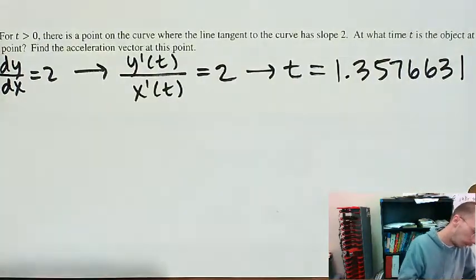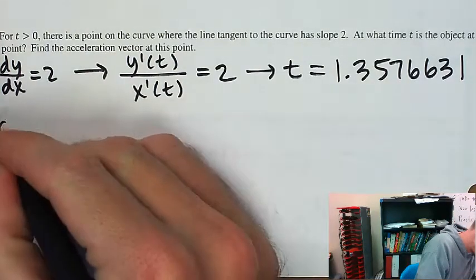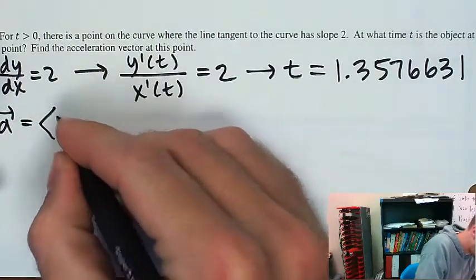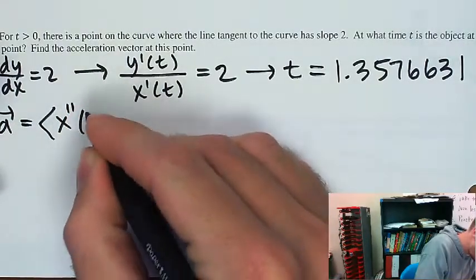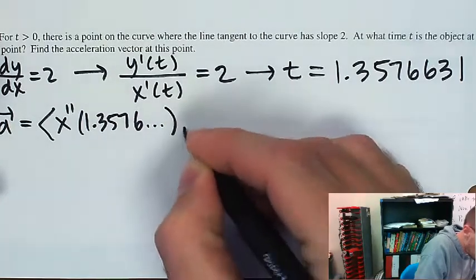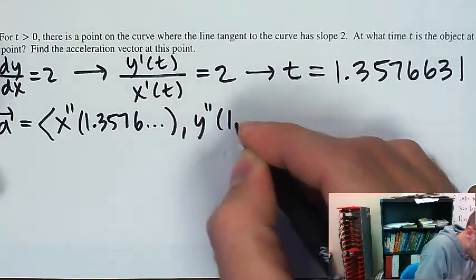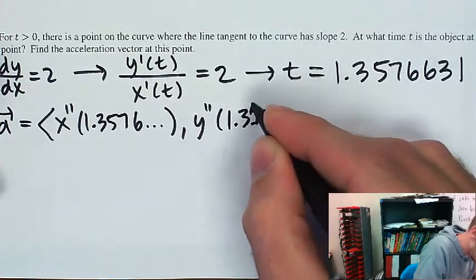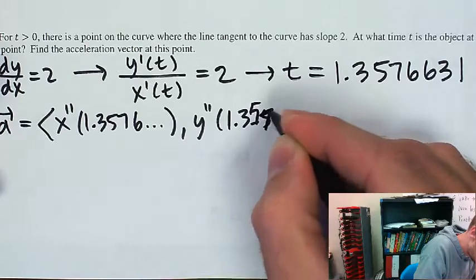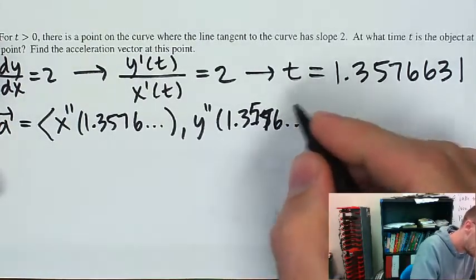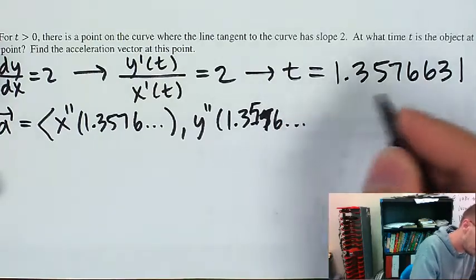So I'm going to go over here and say, all right, well now I want, okay, the acceleration vector is going to be x double prime of 1.3576... and y double prime of 1.3576... whoops, it's supposed to be a 7.